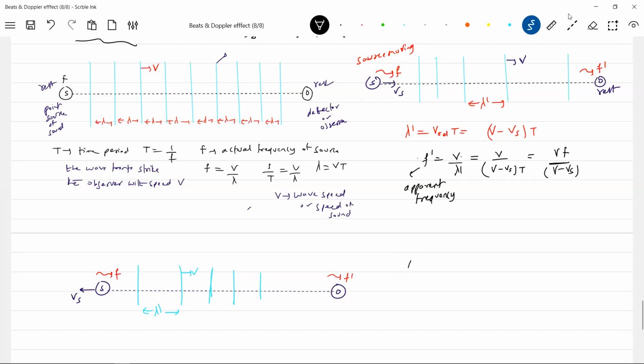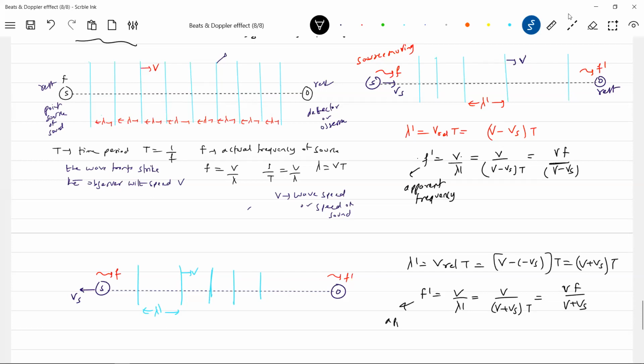Lambda dash is V relative into T. So this will be V plus Vs. So what is f dash equal to? V by lambda dash. Look at what f is equal to: 1 by T. This is the apparent frequency, it will be received. So like that, the observer is at rest, the source is moving. Like this, we can calculate the apparent frequency.